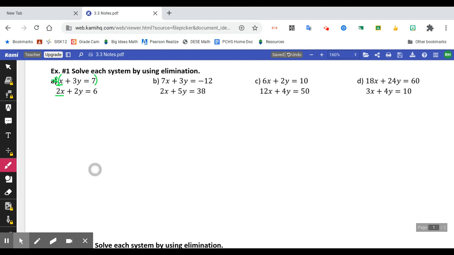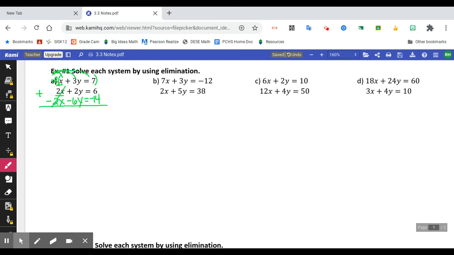So I'm making them opposite so that the x's will cancel or eliminate, and I can focus on just the y. So I'm going to distribute this -2 all the way through to these three things. Gives me -2x minus 6y equals -14. Now, once you have that, you're going to make a giant addition problem out of all of these terms. 2 minus 2 cancels, which is what we wanted.